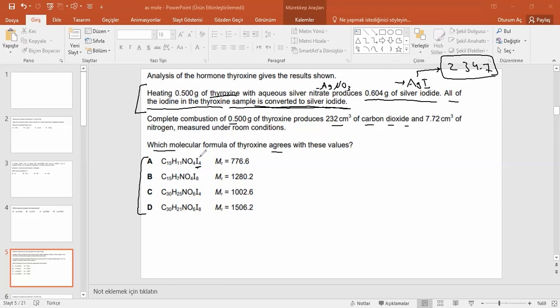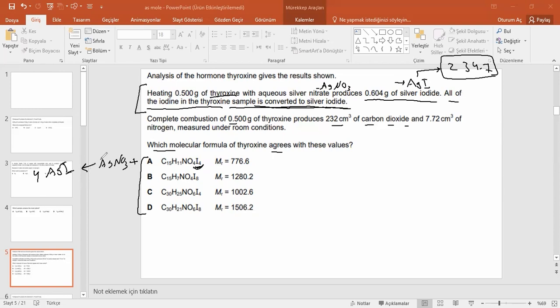So if this compound reacted with AgNO3, all I's become AgI. So how many AgI will we get? We will get 4 moles, 4 AgI. Right, we know this.